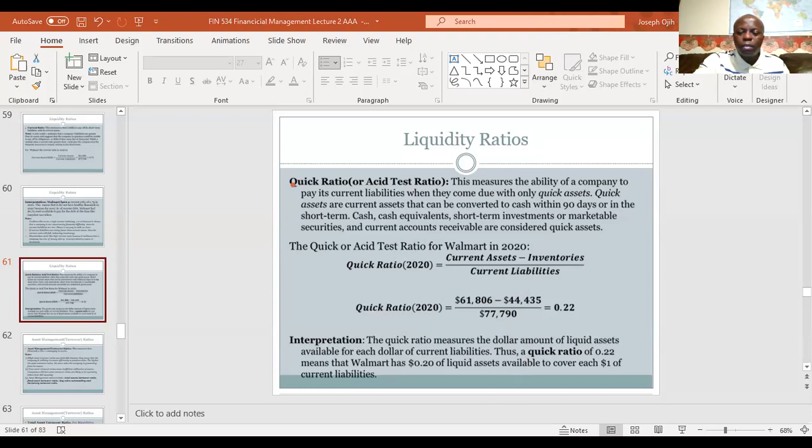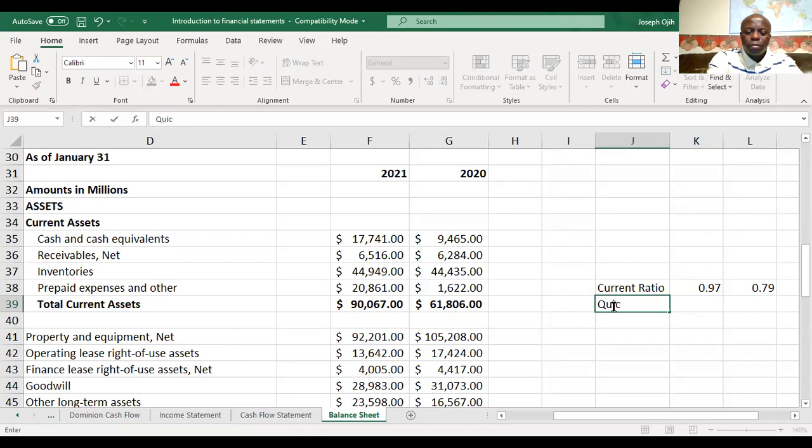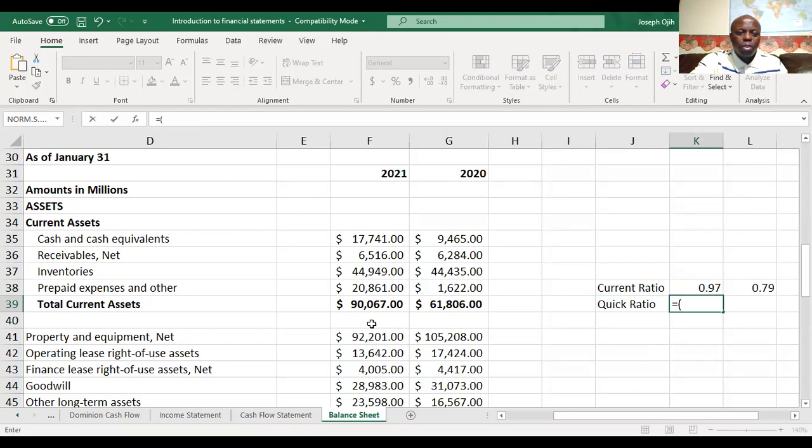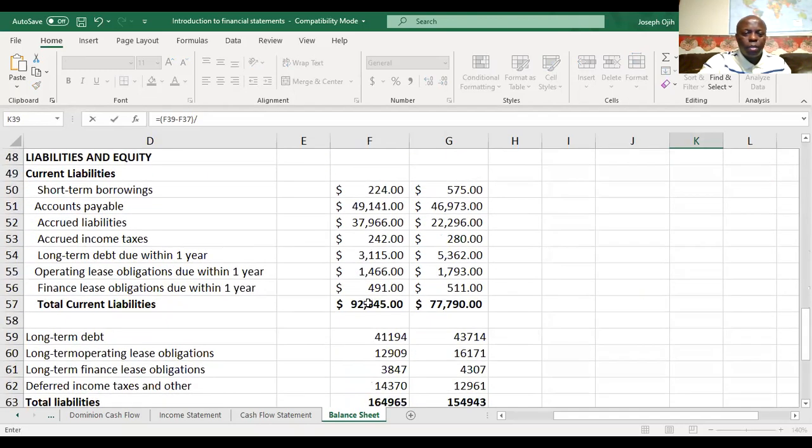For Walmart, let's see, quick ratio. Okay, so you have equals the current assets, which is total current assets, minus the inventory right here, with parentheses, divided by current liabilities, which is total current liabilities.